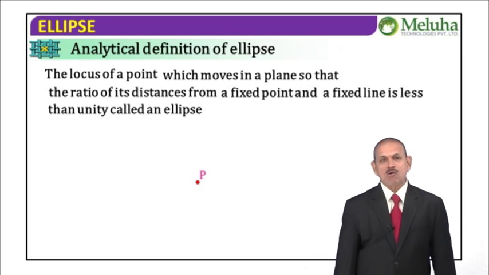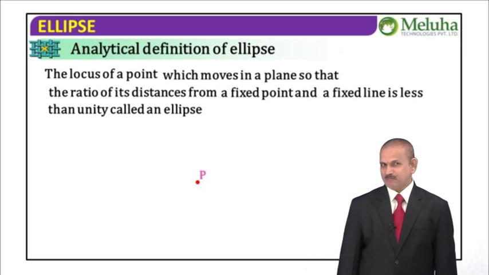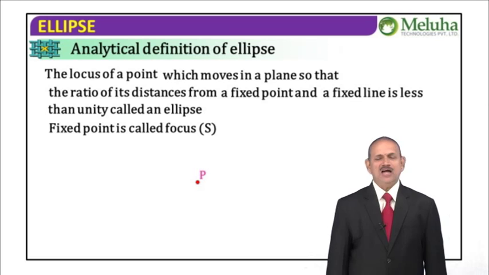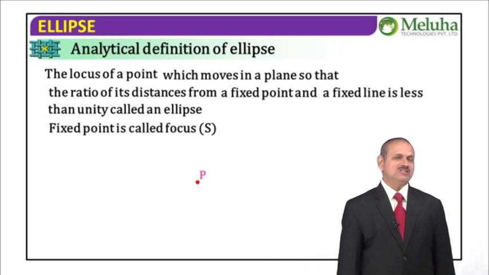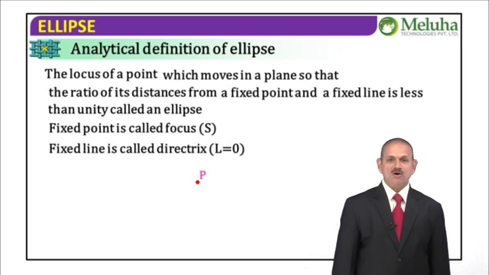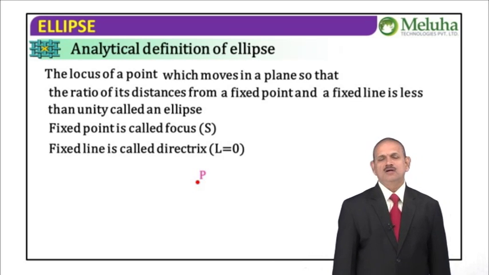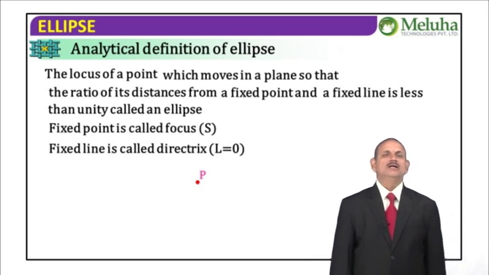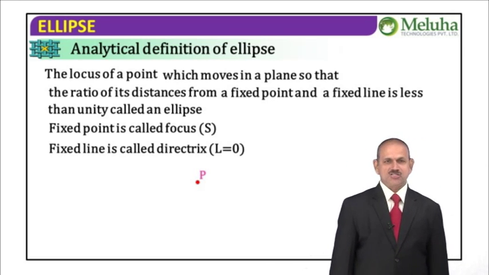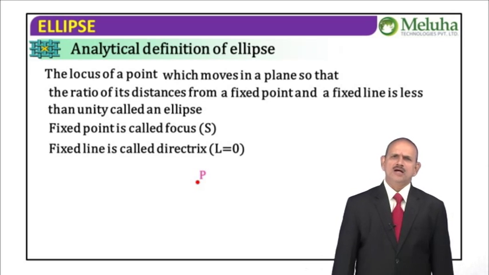That particular locus, according to the movement of the point P, is called an ellipse. And the fixed point S is called the focus of the ellipse, and the fixed line is called the directrix of the ellipse. Focus is denoted by the letter capital S, and the directrix is denoted by the equation capital L equal to 0.